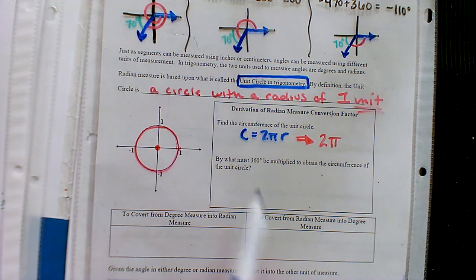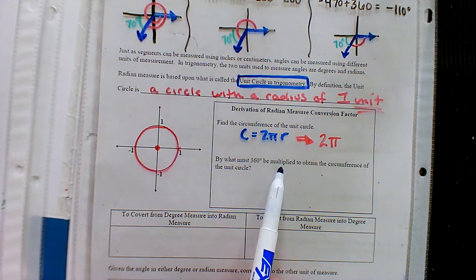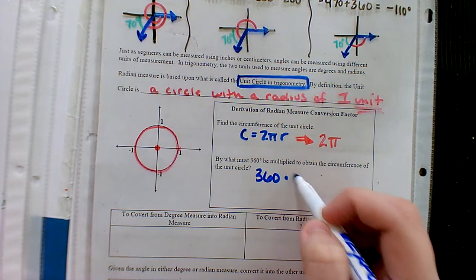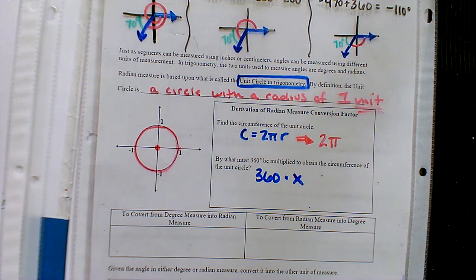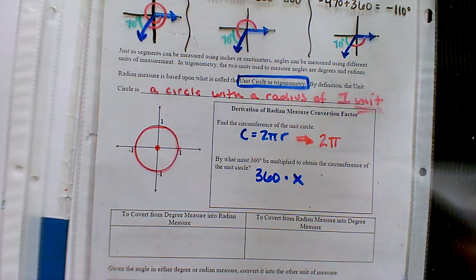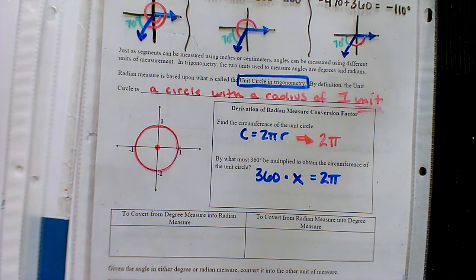Let's try to write this question in terms of a mathematical statement. What must 360 be multiplied by? So we can think about 360 times x. What do we have to multiply 360 by to obtain the circumference of the unit circle, which we said was 2 pi? Can we solve for x? Divide by 360, right?